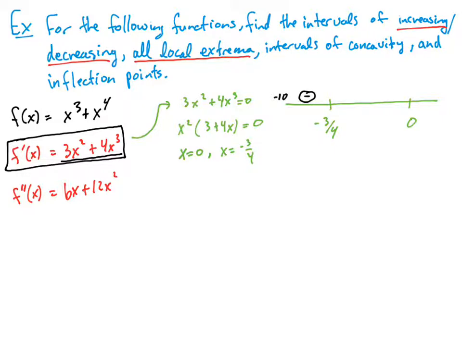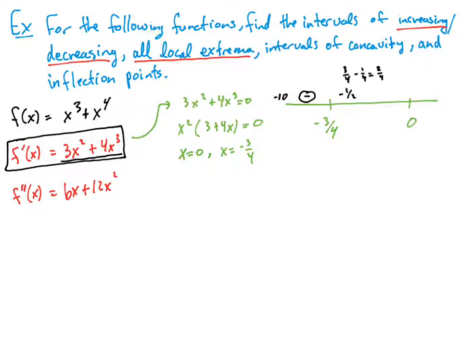A value to test between negative 3/4 and 0 might be negative 1/2. Substituting that in, negative 1/2 squared is going to be positive 1/4 times 3 is 3/4. And then negative 1/2 to the third is negative 1/8. Negative 1/8 times 4 is negative 1/2.